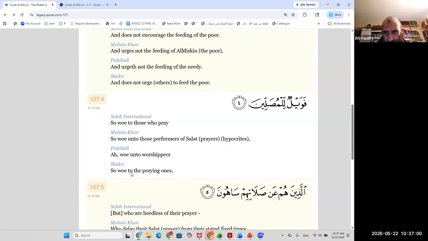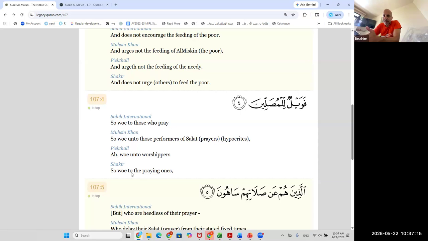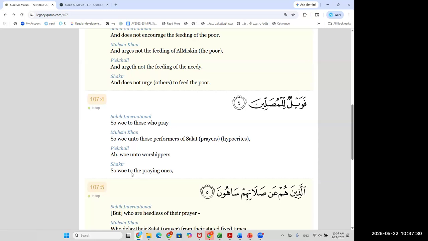Musallin is coming from which verb? صلى يصلي. Salla yusalli, to pray. Musalli is the one who prays. Musalla is that which is prayed.